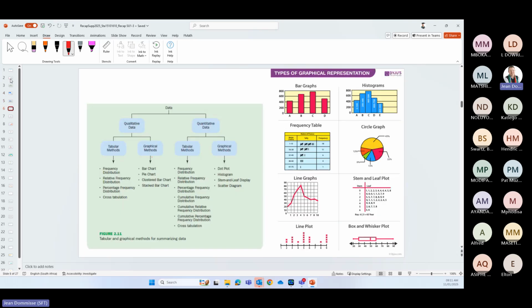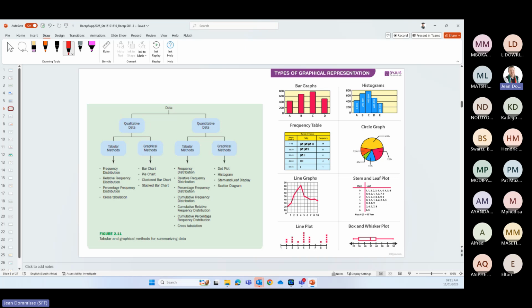Then we go into how we want to visually represent the data. When we do visual representation of the data, there's a lot of ways that we can do it, but to be honest, we normally use a few.